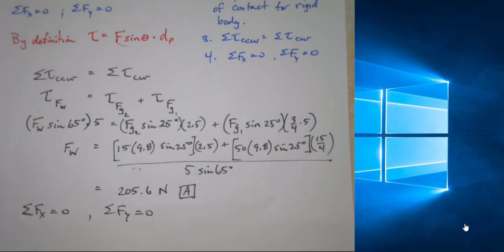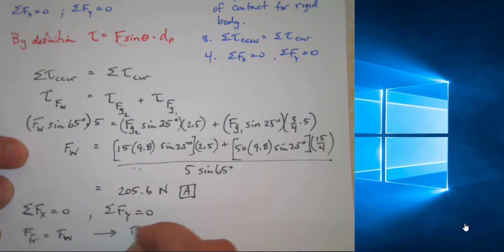And we quickly realize that the force of friction must equal the force the wall is exerting. So that leads us to the solving of mu from this equation. Mu Fn, so 205.6 divided by Fn equals mu.